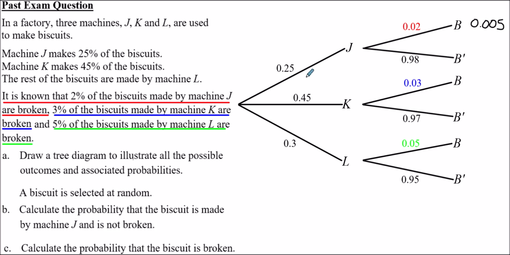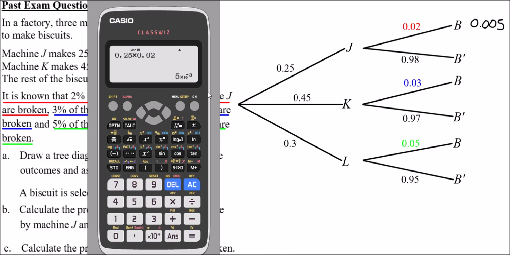The second one, by the way, if you're wondering how to change your calculator display from doing this to showing a nice decimal number, I'll show you now. If you press Shift, Menu, and scroll down, so it's number 3, number format.